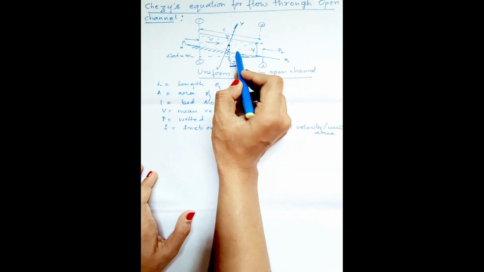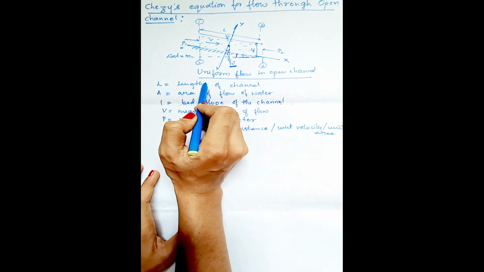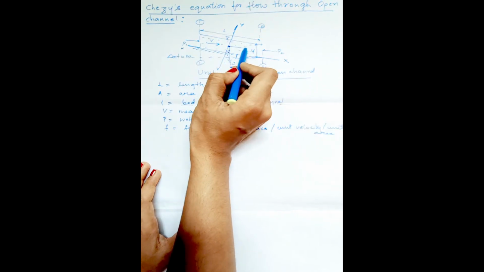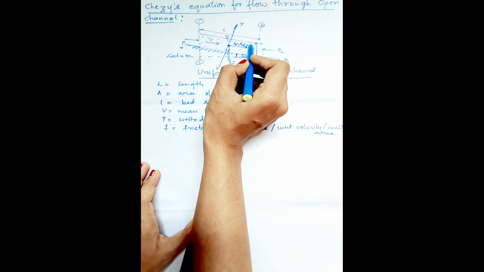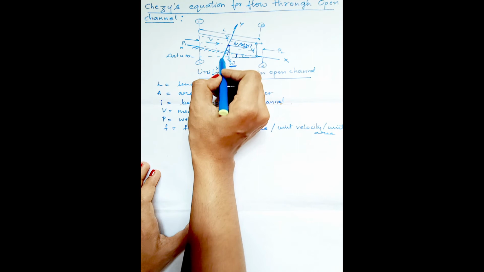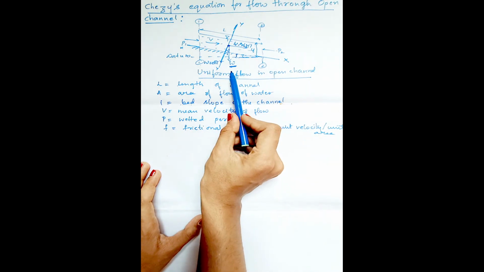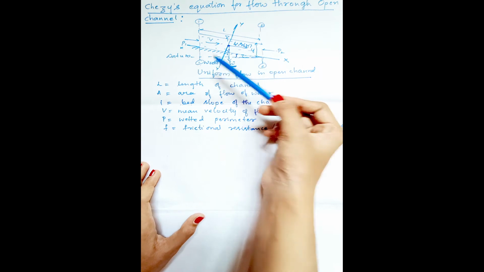So you can resolve W into two components. One is along the direction of flow as W sin i, and perpendicular to that as W cos i.